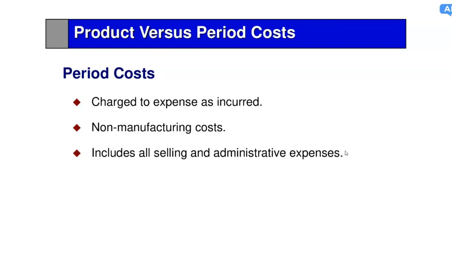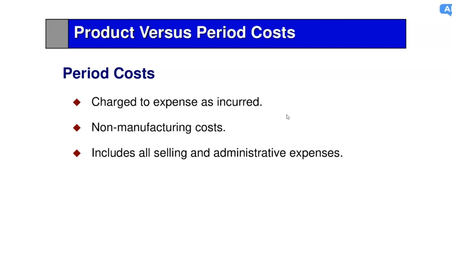Because I'm going to set a selling price greater than the cost for me to produce that desk and to cover the costs of the marketing and IT and HR and to give a profit to the shareholders. So you see, we don't want to mix period costs, marketing costs or advertising costs, into the cost of the product. We want to get the true cost to produce my desk.